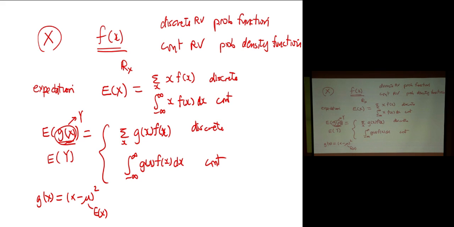If this number is big, that means the variation is huge, because it is likely that x is far away from mu. And this is called variance. The square root of it is called the standard deviation of x.